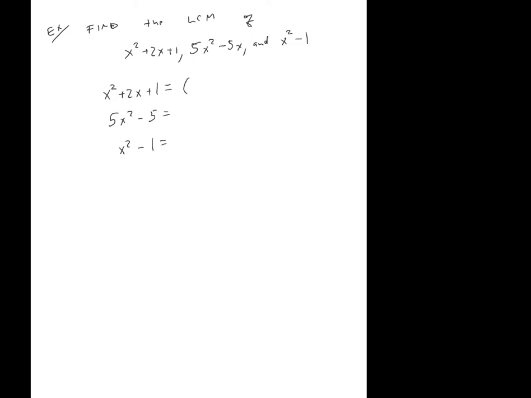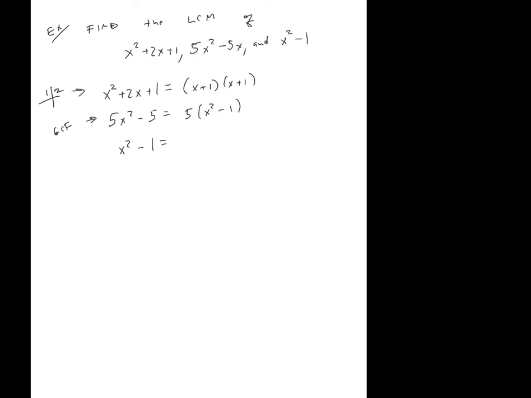The top factors out looks like x plus 1 times x plus 1. Next one, that one looks like it's a GCF. Pull out a 5.